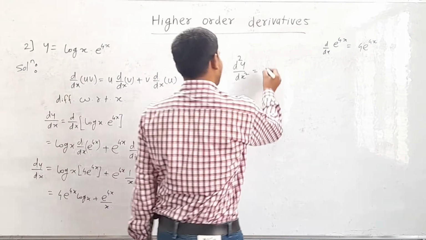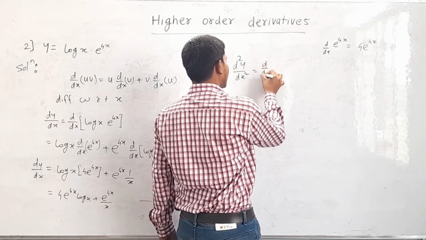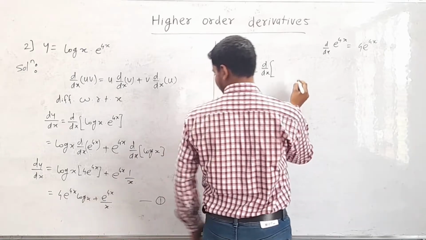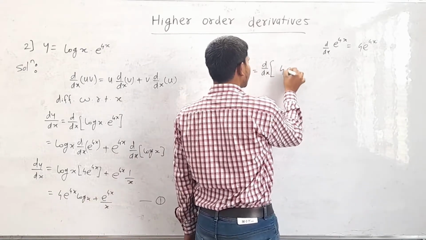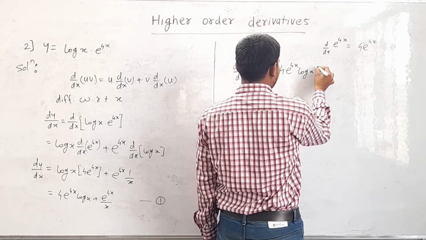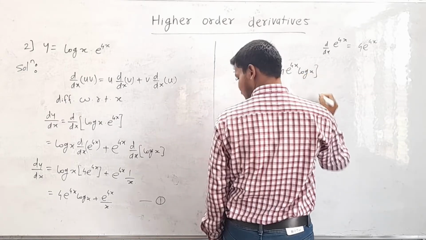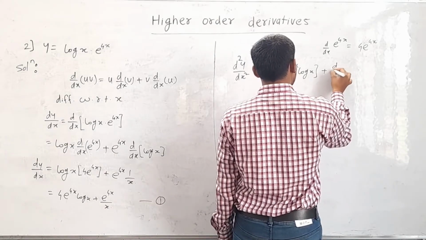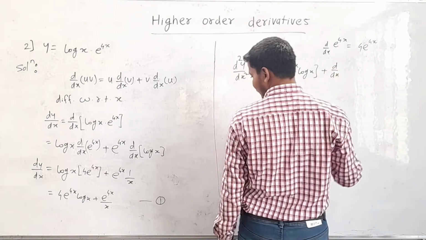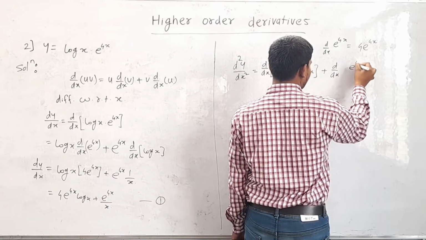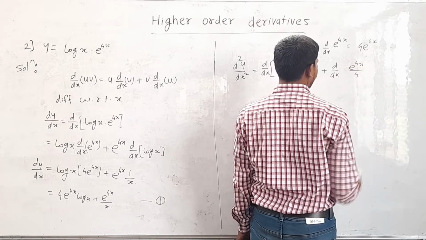So, the derivative of the first derivative: 4 e raised to 4x log x plus the derivative of e raised to 4x by x.